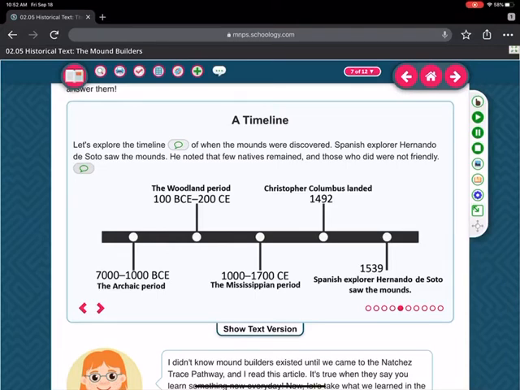Which one happened first? And try to explain your answer using the timeline. Okay, so hopefully you said that Christopher Columbus was an English explorer. He came in 1492, which on our timeline is before Spanish explorer Hernando de Soto saw the mounds in 1539.